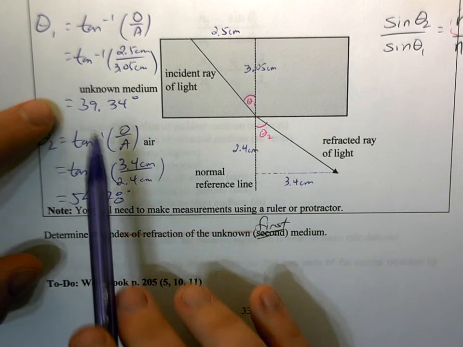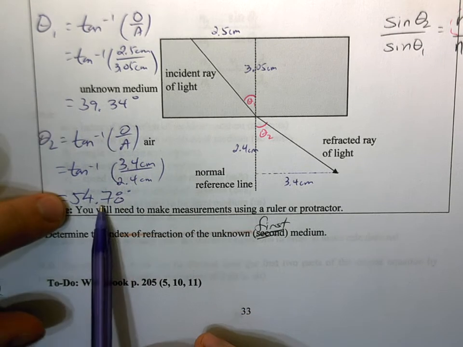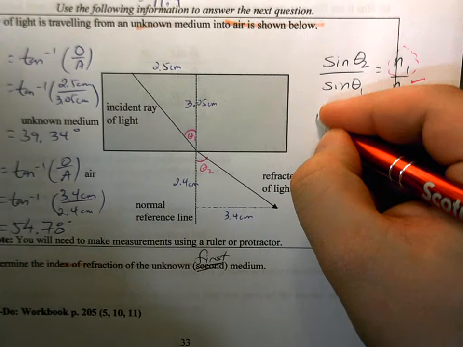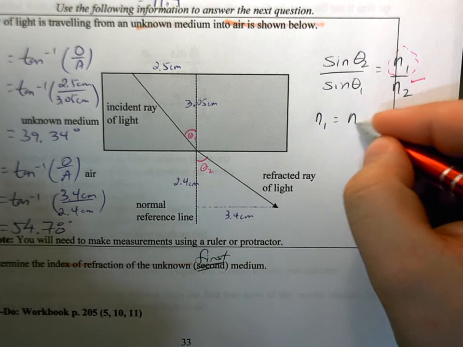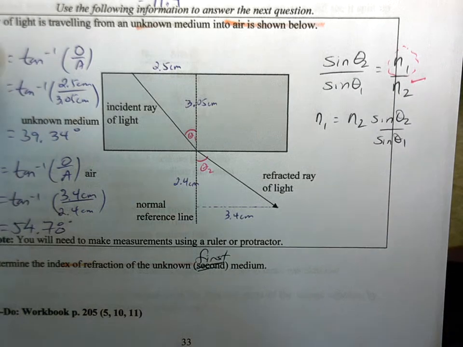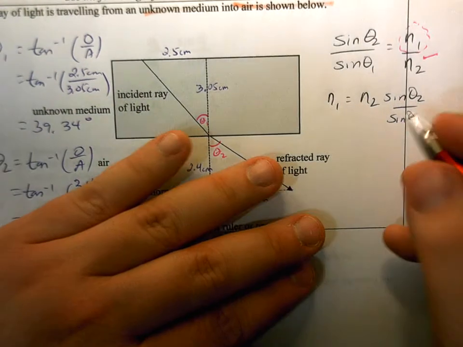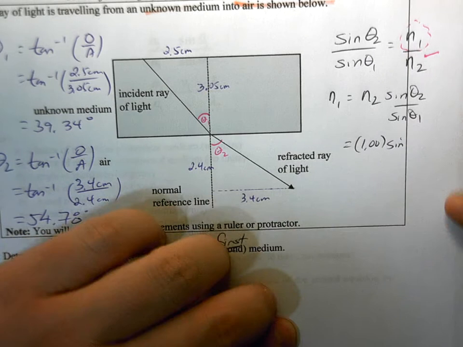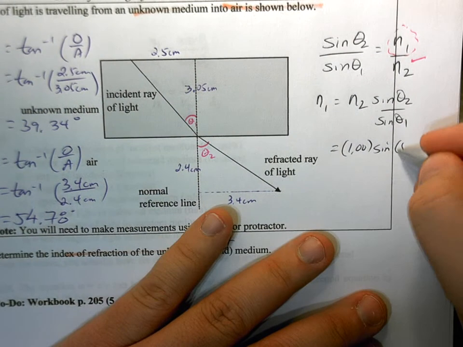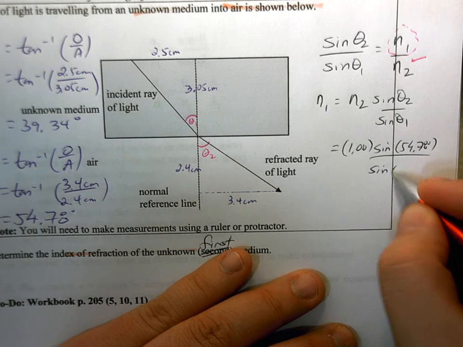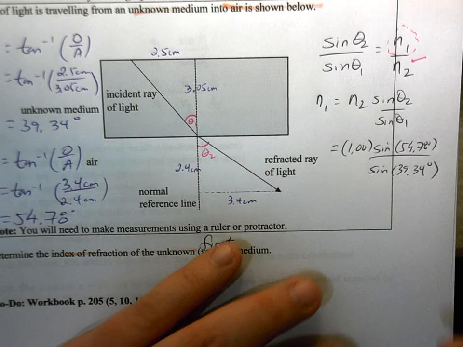So now I have my angle of incidence and my angle of refraction. For my equation over here, I know that n1 is equal to n2 times sine of theta 2 over sine of theta 1. So I'm just going to plug in my values of theta 2 and theta 1 that I got using my SOH CAH TOA rules. So I have sine of 54.78 degrees divided by sine of 39.34 degrees.